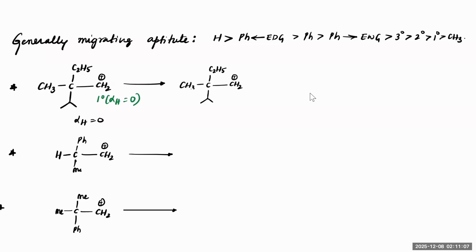If you compare this case, the alpha hydrogens here are 0 because the adjacent carbon does not have any alpha hydrogen. But what I can say is, isopropyl here can shift much more easily.